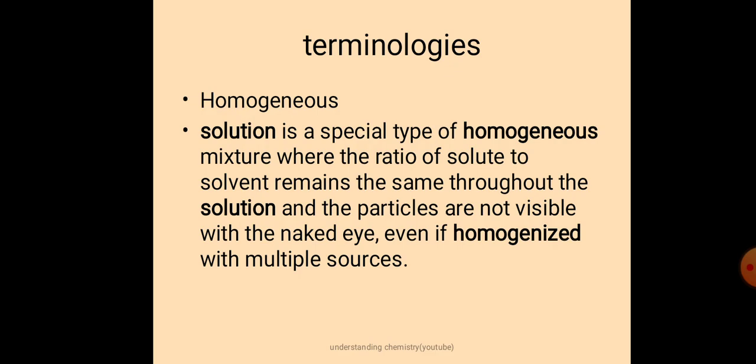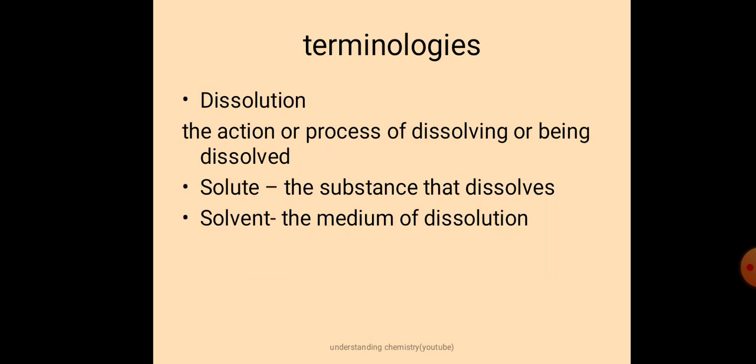You are just stirring and mixing it. You are not able to see the particles. So, that is called as a salt solution. If you add sugar, it is called as a sugar solution. So, solution is a homogeneous mixture in which the ratio of solute to solvent remains uniform throughout the mixture. Then we call it as a homogeneous mixture.